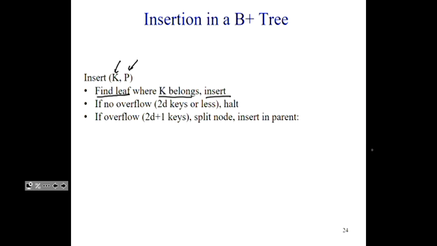If I don't end up having an overflow, so it's still 2D keys or less, then I'm in good shape, I can stop. If there is an overflow, so it's 2D plus 1 keys, then I need to split the node and then insert an appropriate value in the parent.